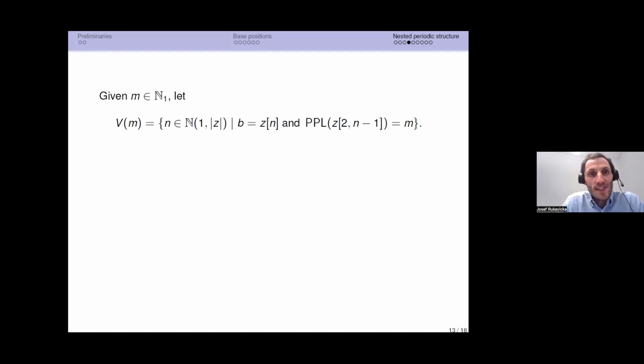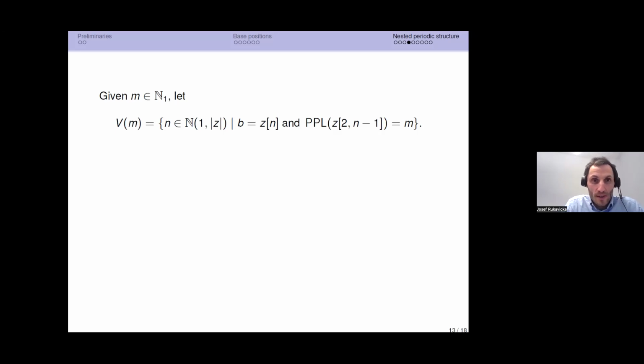Now I define the set Vm. The set Vm are the positions in the word z that can be achieved, that are equal to the length of the concatenation of m palindromes.